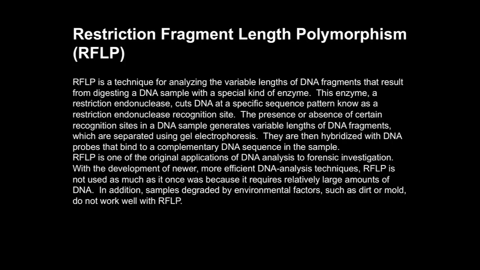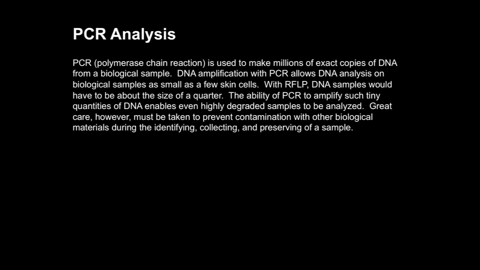I will leave it up to you to read the more detailed descriptions of what RFLPs are here, but this is a technique, again, used for analyzing the variable lengths of DNA fragments that result from enzymatic digestion. PCR, though, the polymerase chain reaction, is used to make millions of exact copies of DNA, and this is predominantly the technique that's used in forensic analysis today.